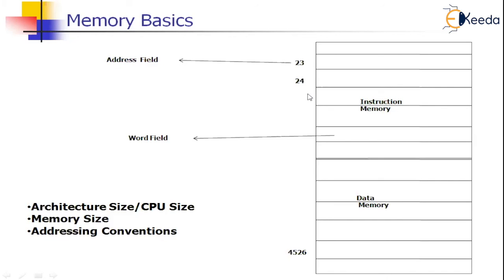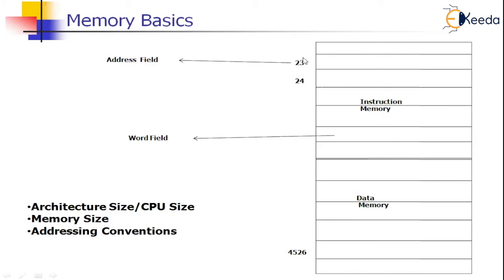The 25th instruction's data operand might be available in the second memory location. That is, only the instructions are contiguous, not the data words. Contiguous instructions will be available in contiguous locations.